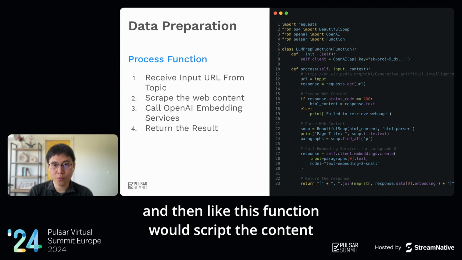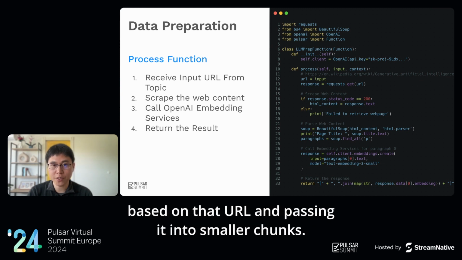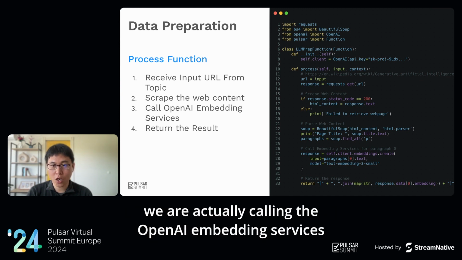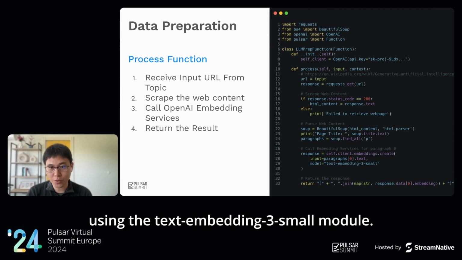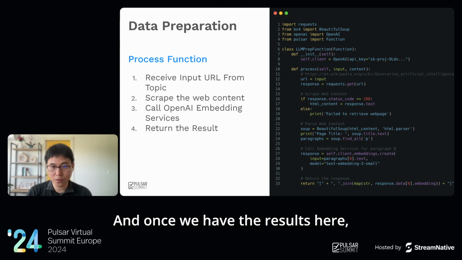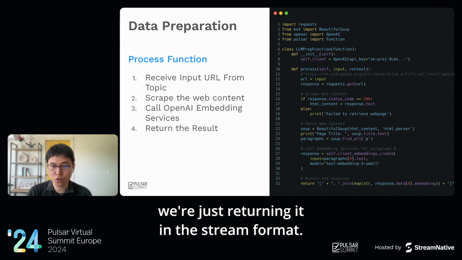The function would scrape the content based on the URL and parse it into smaller chunks. Once we have the chunks, we call the OpenAI embedding service to get the embedding using the text-embedding-3-small model. Once we have the results, here we're just returning it in a string format.